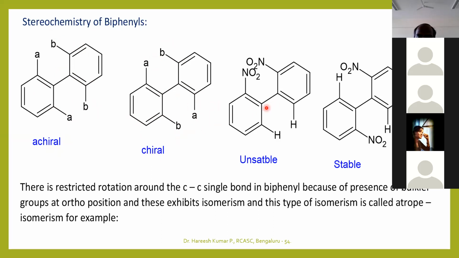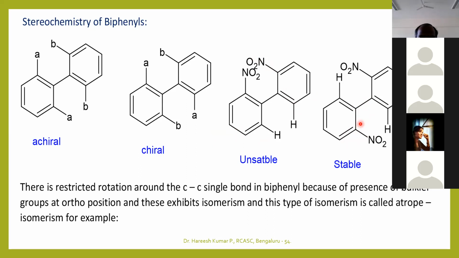And suppose a compound like this, here you can observe that it exhibits optical activity, but because of the steric hindrance interaction it will be a little unstable. But when this NO2 comes over here and H goes to that side, then that moiety is stable.